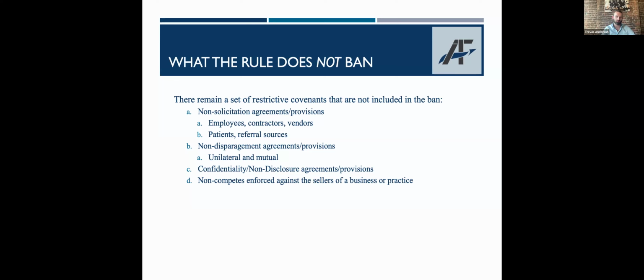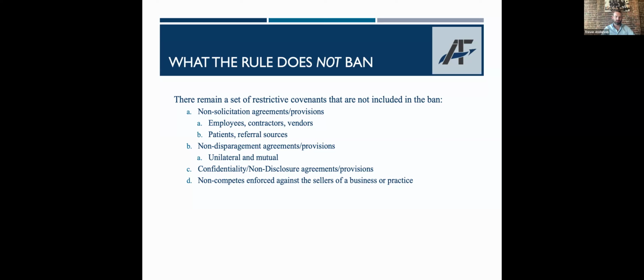It's going to have to survive scrutiny. So with existing contracts that you have in place, it's worth a bit of an audit to understand how far down the spectrum you are in terms of restrictions. And then lastly, and I know that this is sort of a big topic for physicians, anyone who's a founder, I guess, but non-competes against the sellers of a business are still allowed.